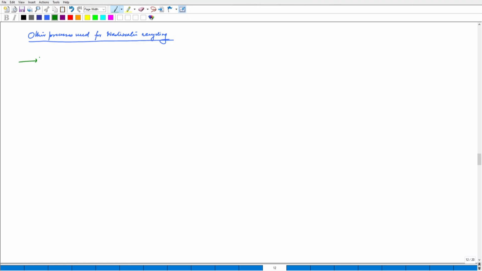So some of the processes are electrochemical reactions, that is oxidation. We can have chemical oxidation.